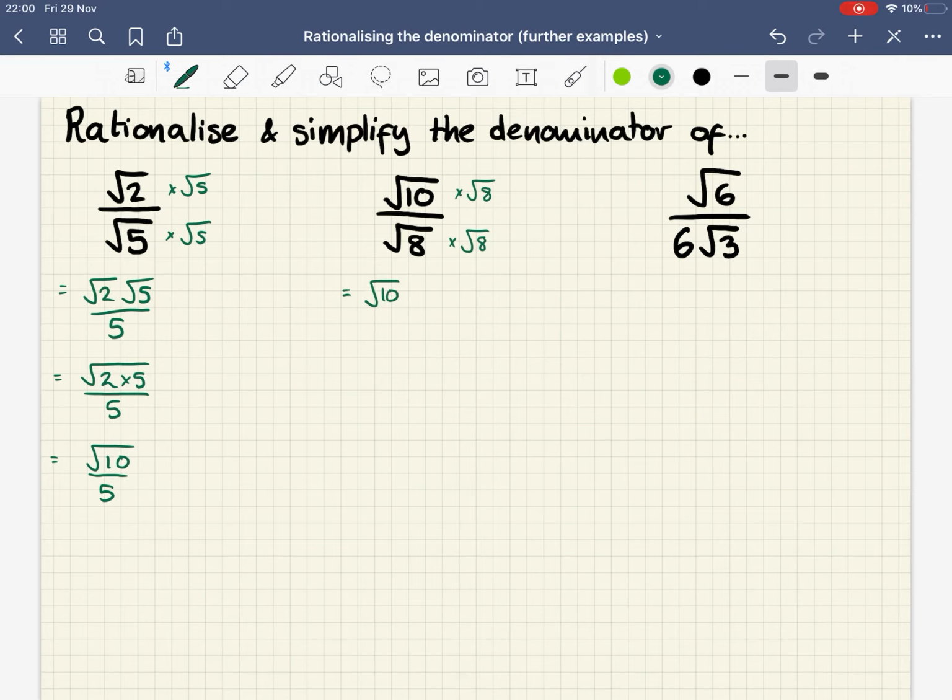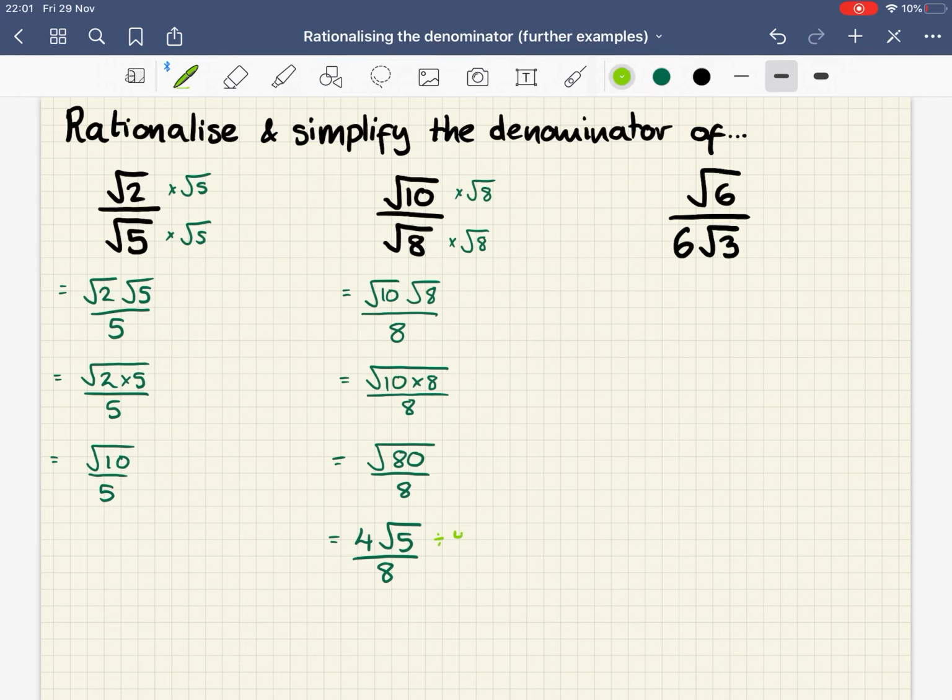So I've now got root 10, root 8, all over 8, which is just going to be root 10 times 8 over 8. So I've got root 80 over 8. Now 16 times 5 gives me that 80. So that means when I simplify that, I now got 4 root 5 over 8.